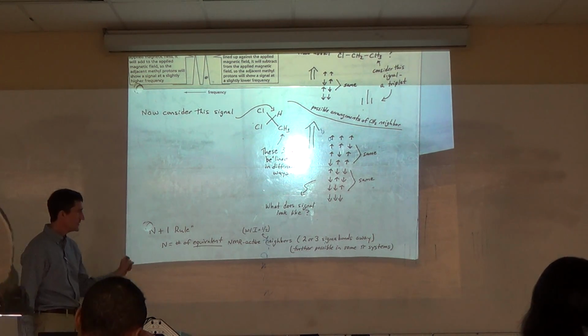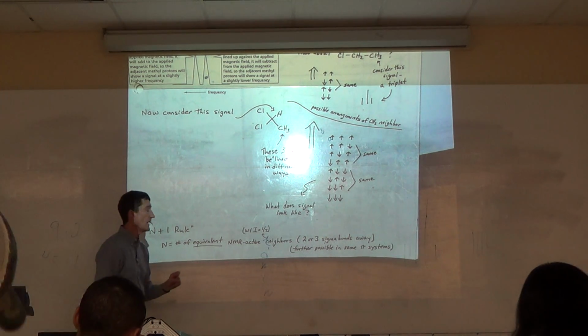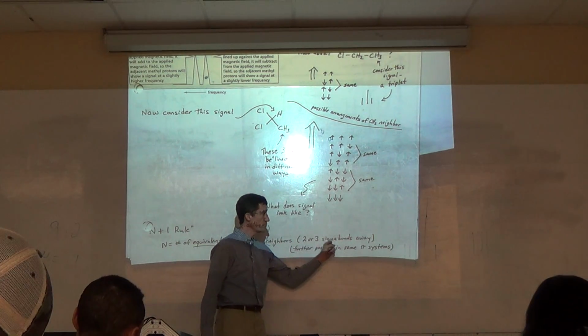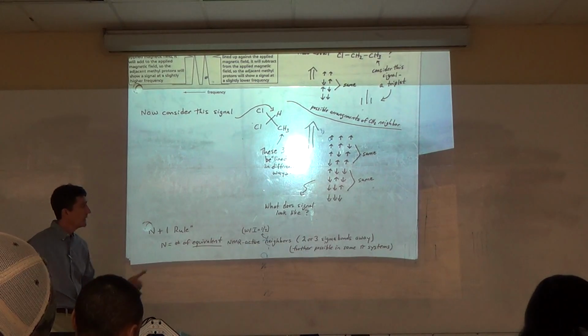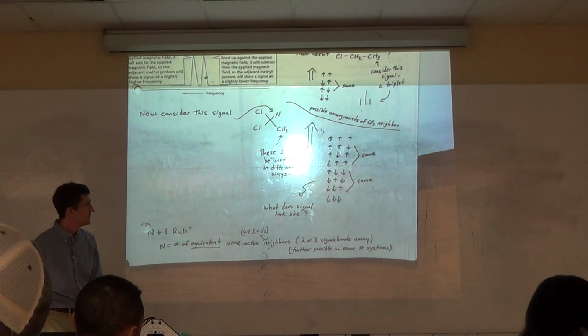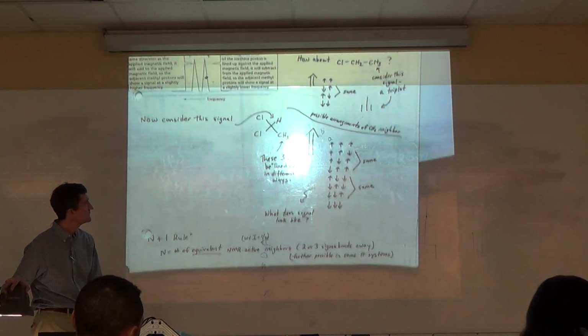At this point, it's the number of neighbors. How far away? 2 or 3 sigma bonds away. No more than 3 sigma bonds away. Further is possible, but basic coupling is 3 sigma bonds away.